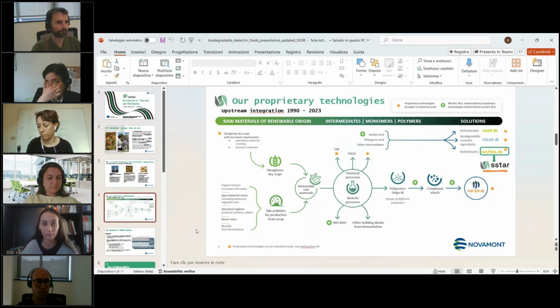Among different products, we have developed a strong know-how on vegetable oils and a strong know-how on the synthesis and formulation of biodegradable synthetic esters. And inside this framework, we have developed the products that we are testing in the STAR project. Next slide, please.